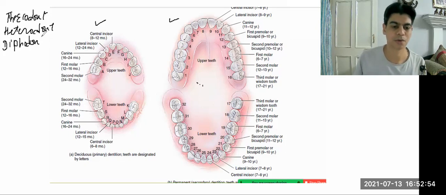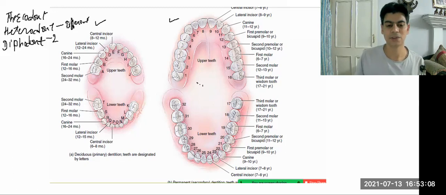I hope the spelling is right. Diphyodont means two sets of teeth. Heterodont means different teeth based on their shapes and functions. Thecodont means teeth are embedded in the socket.